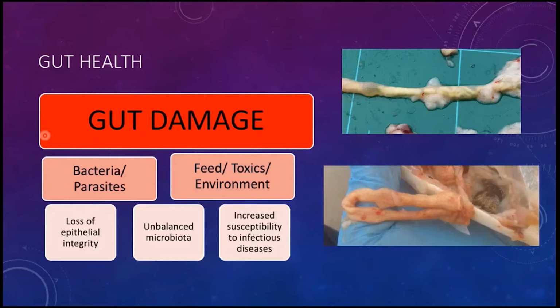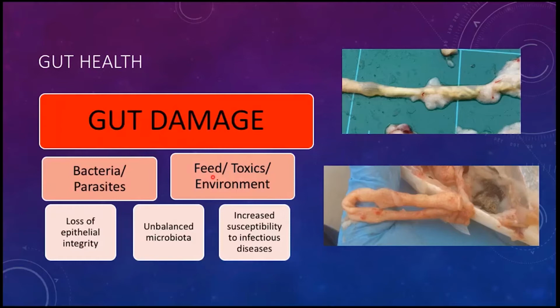As you probably all know, gut damage is not an uncommon problem in our fish, and basically it can come from infectious and non-infectious causes. Shortly after, I will be talking about some basic examples on bacteria and parasites that negatively affect gut health of our fish. Also, I would highlight the importance of feed.